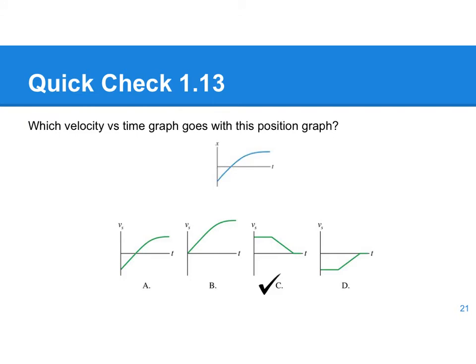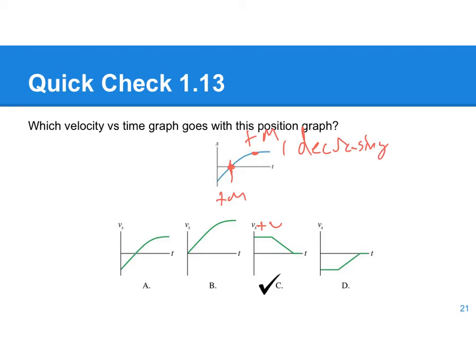And finally, which velocity versus time graph goes with this position versus time graph? Well, this one's a little tricky because for the first split second, it seems like it's going at a constant velocity. So my slope is positive, which means I have to have a positive velocity. Now right here to here-ish, my slope is positive, but it's decreasing.